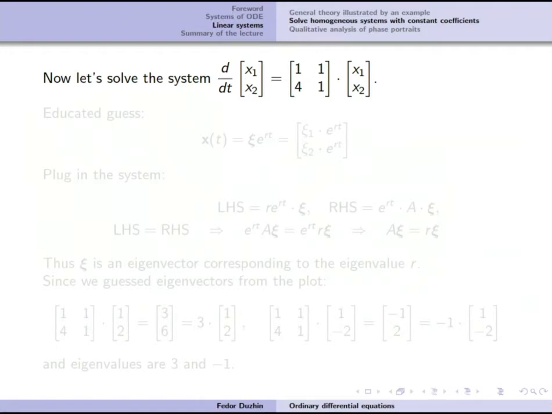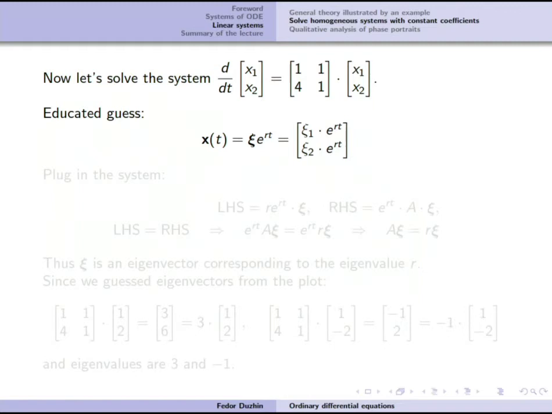Since we have done a lot of differential equations already, and for linear differential equations very often we have an exponential function, we are going to make an educated guess. We are going to look for a solution in the form of some fixed vector times the exponential function, all right?